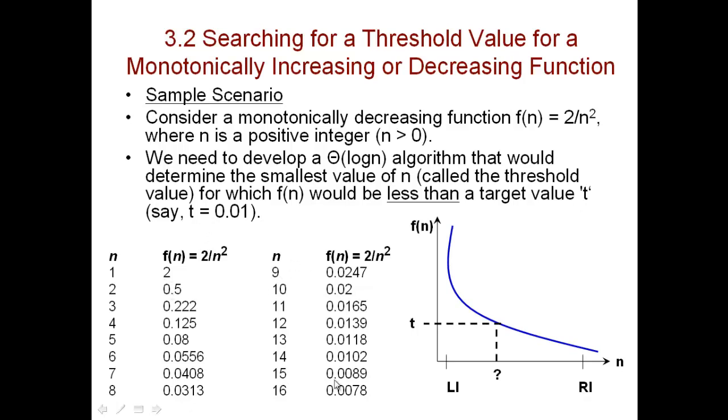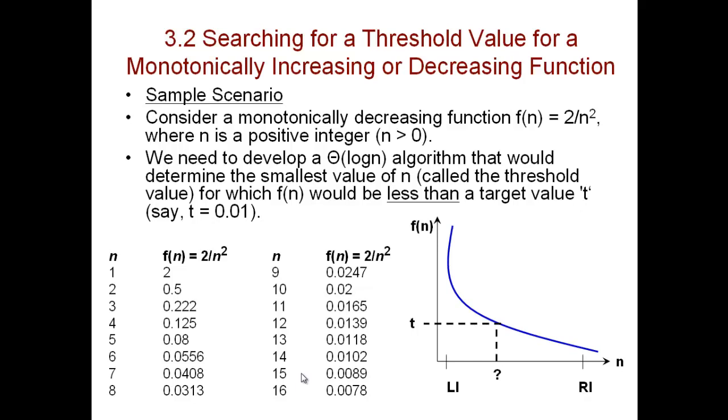So you can find the solution using a brute force approach. But what is the problem? You have to compute the function values for all these values of n from 1 to 15, so you have to evaluate f(n) 15 times with the brute force approach.